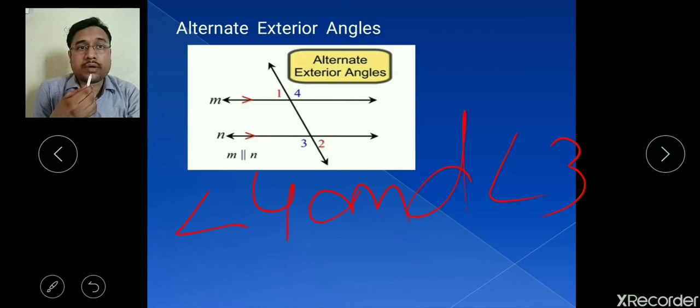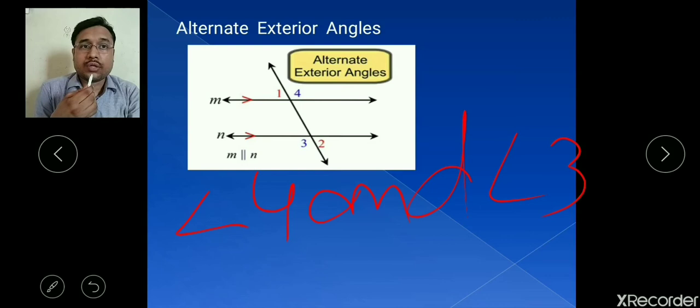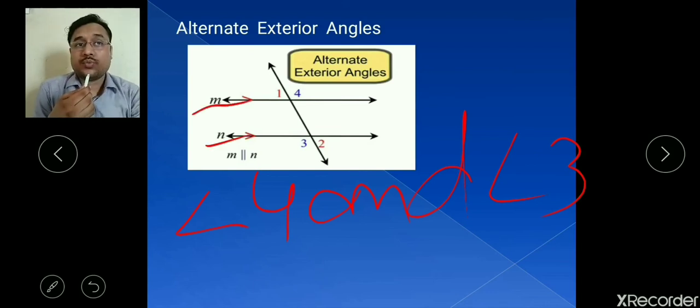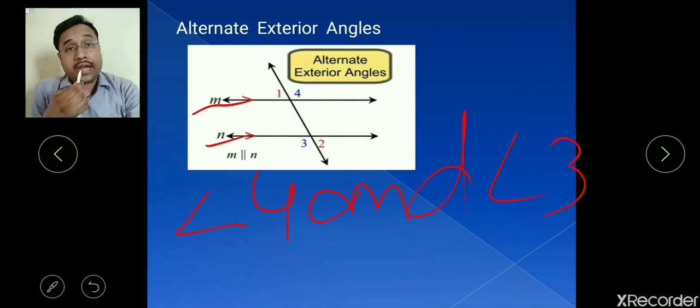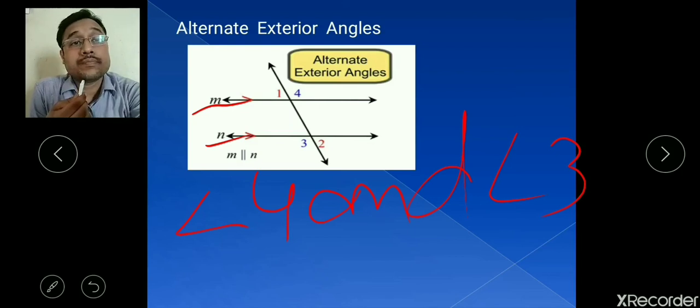alternate exterior, because angle 4 and angle 3 are lying on the opposite sides of the transversal, and both are on the outer side of the given lines M and N, which are intersected by the given transversal. So this is the property, that they are alternate exterior angles. Now they are equal when the given two lines are parallel.